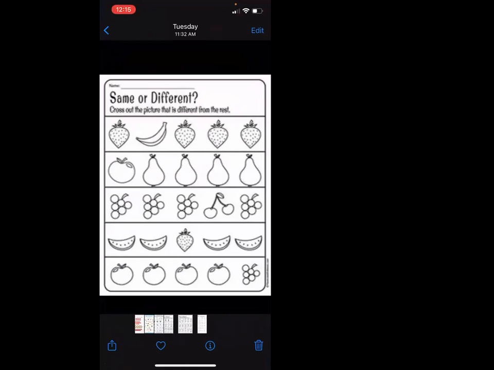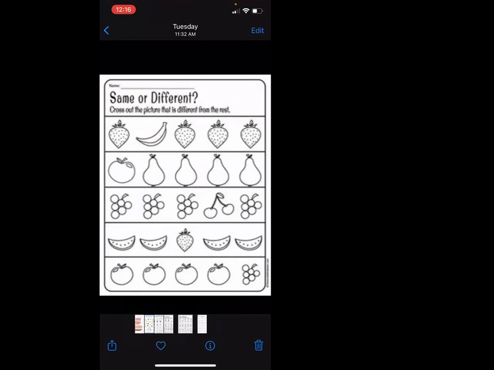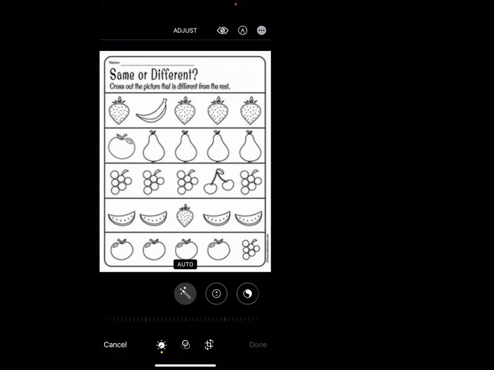Now the next concept is same or different. What does same mean? Alike. What does different mean? Something else than that. Now, can you see, children? In the first line, there are some strawberries.